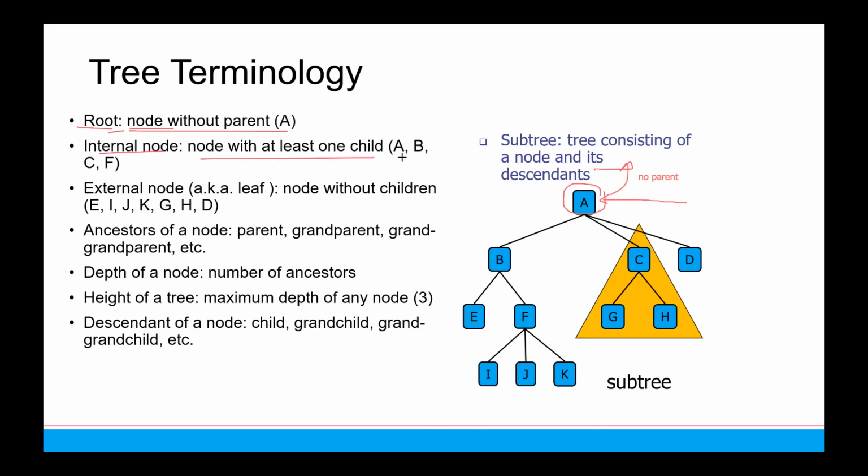So here A, B, C, and F. A has a child, B has a child, C has a child, and F has a child. So we go A, then B, then C, then F. They are internal nodes.